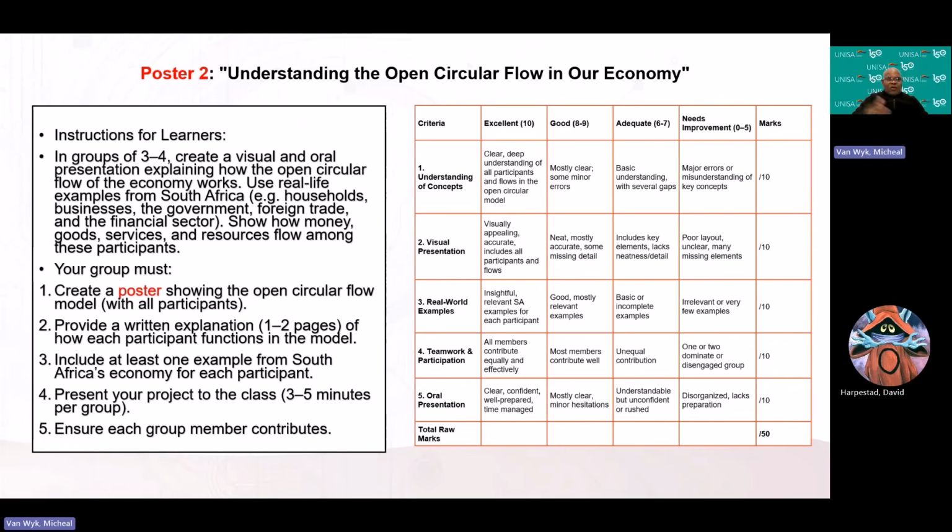You need to include all those things that we have discussed today. I want to see how the money, the goods, the services and the resources are flowing amongst the role players: your households, your business, your government, your financial institution, and your foreign markets.